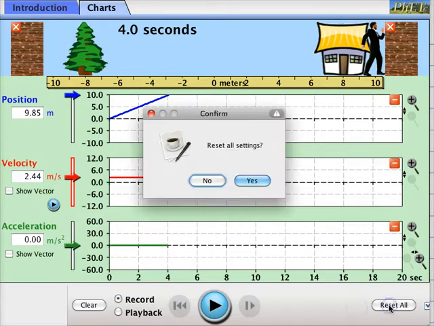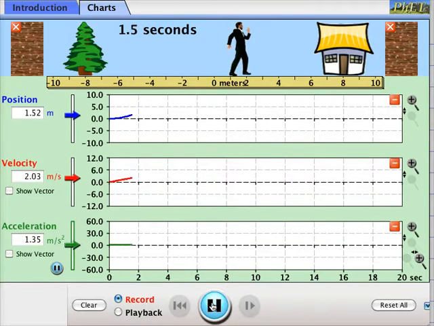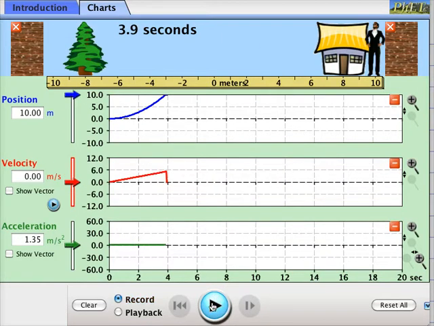I'm going to reset that now. And this time I'm going to dial in an acceleration. Not too quick. Acceleration. There we are. And I'm going to press play and see what that looks like. And pause just before they crash into the wall. Not quite quick enough. So here we can see the position or distance time graph is an increasing slope, just as we saw before.